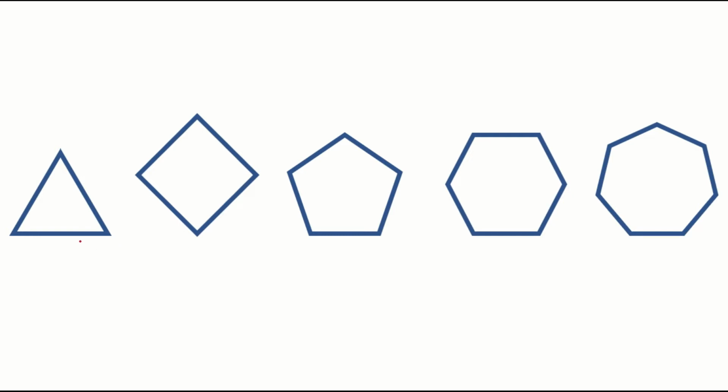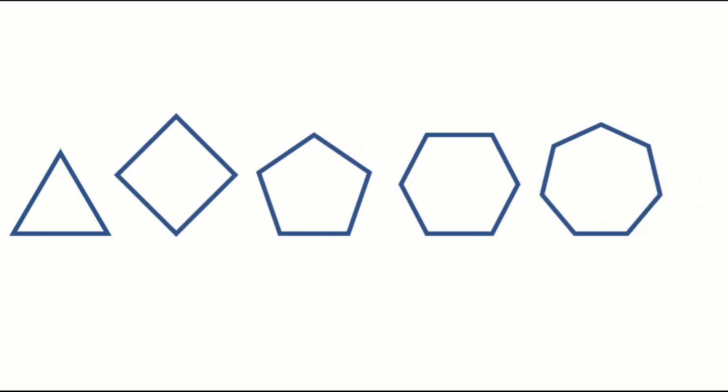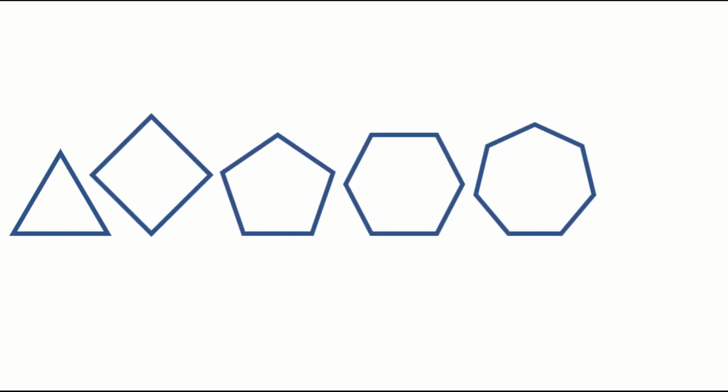As you can observe, they are all polygons, but the number of sides increases as the sequence progresses. Triangle, quadrilateral, pentagon, hexagon, and heptagon. Can you draw the next polygon in the given series of figures? Yes, the next figure would be a polygon with 8 sides, or simply an octagon.